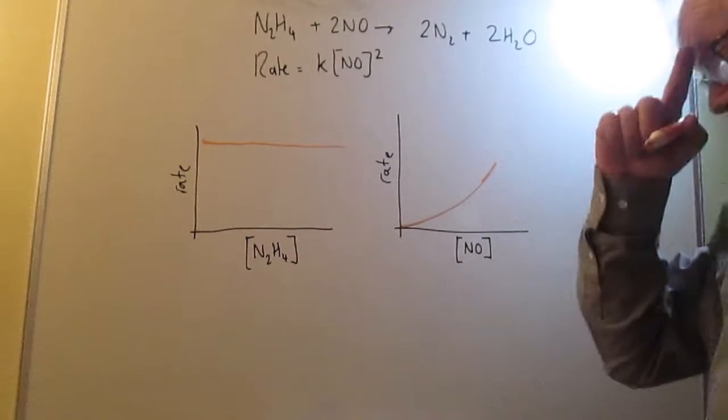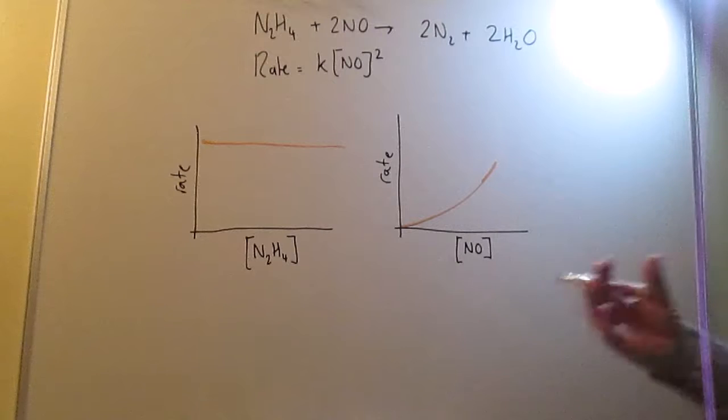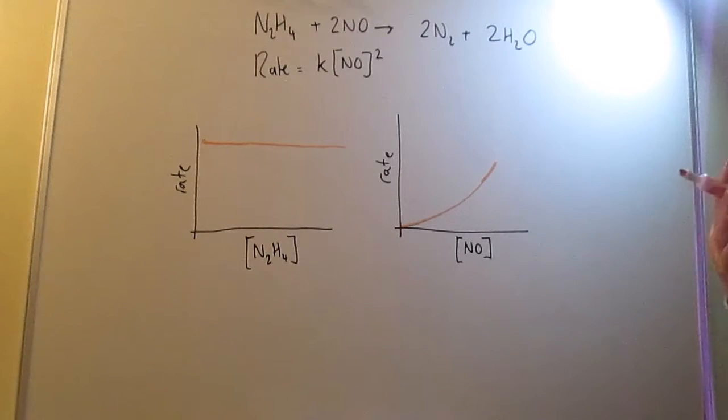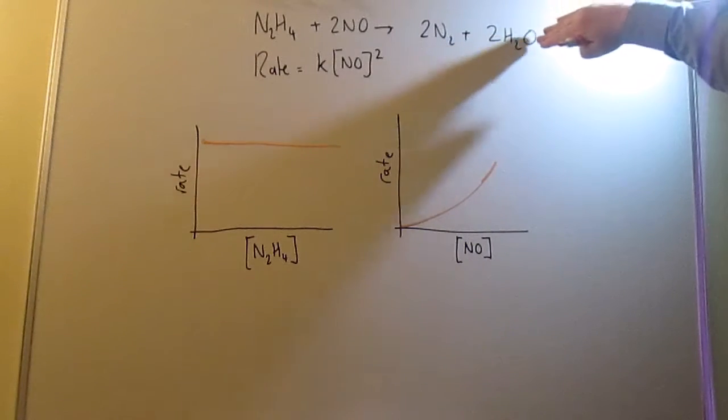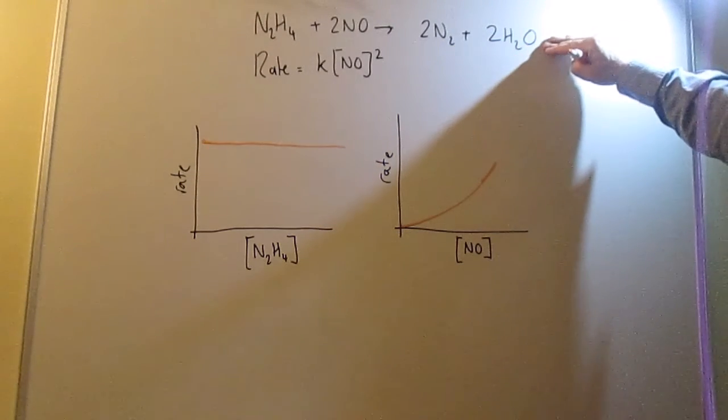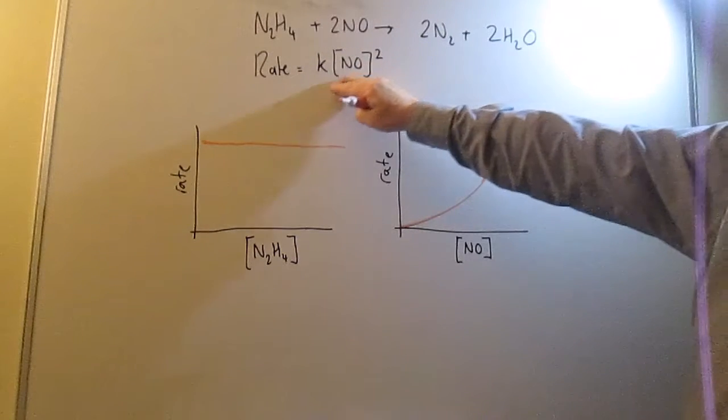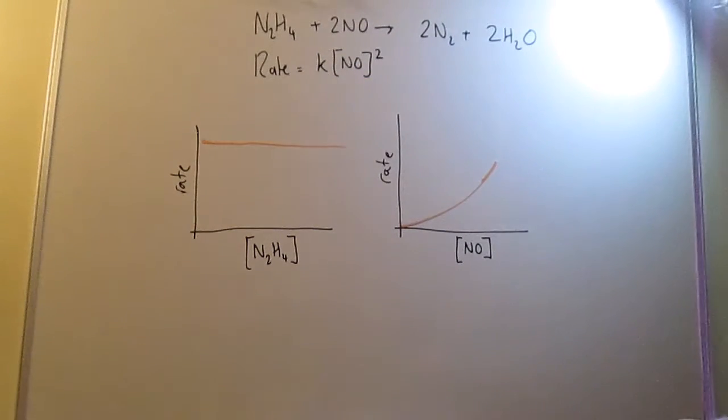Finally then, it asks us to propose a mechanism for the reaction, which is consistent with these two things. It's got to overall have steps which add up to the overall reaction equation, but it's also got to be consistent with the rate equation.